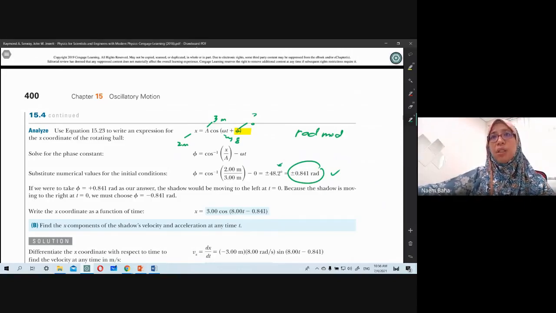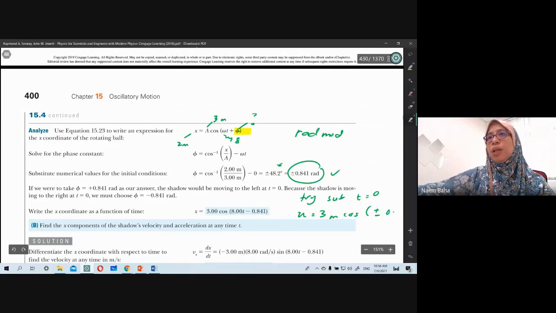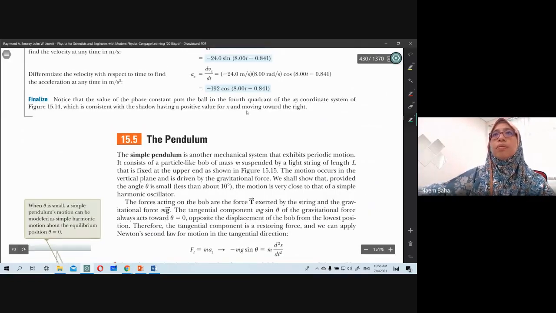0.841. However, you are not so sure whether it's positive or negative. Therefore, you have to try substituting t equals 0 into the equation, and your equation would be x equivalent to 3 meter cos of 8t plus or minus 0.841.